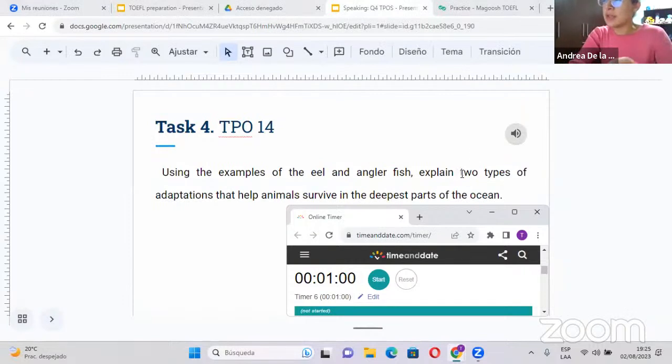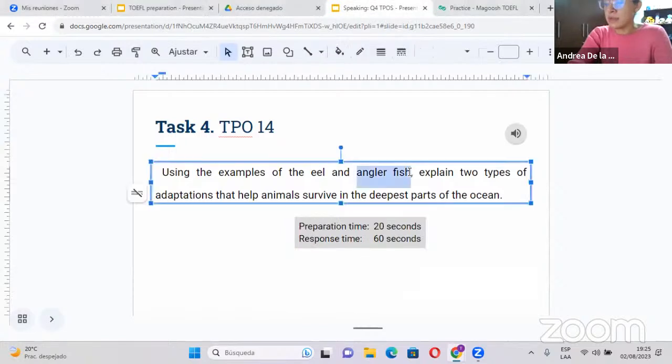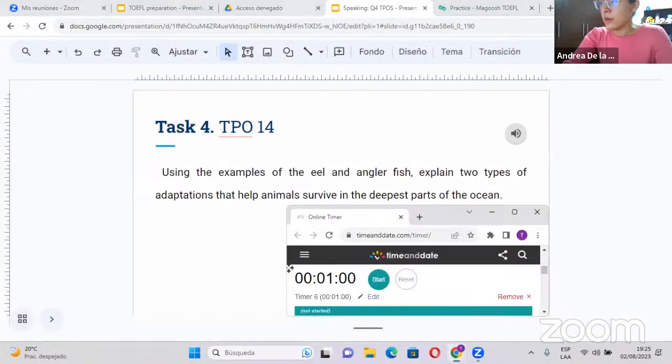For example, you could say, then she goes on to explain the second adaptation. And then you go directly to the example if you caught the example, right? It was the anglerfish as you have in the question. Maybe you can try to hide it like that. If you remember what the example was about, you can explain that. And if not, focus more on the first. Okay, go ahead, please.